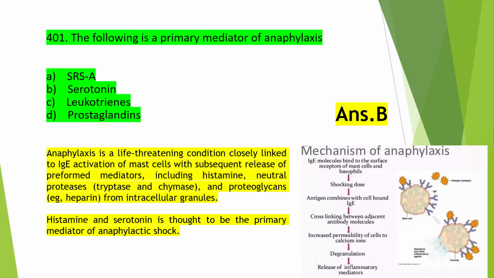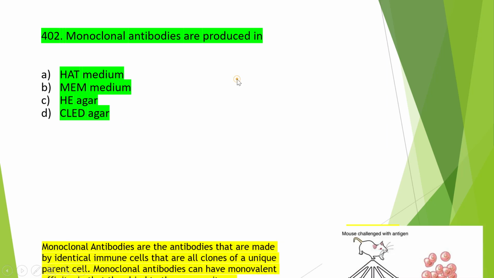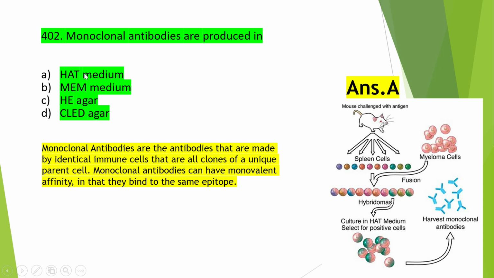Moving on to the next question: monoclonal antibodies are produced in HAT medium, MEM medium, HE agar or CLED agar, and the right answer is option A, that is HAT medium. So what are monoclonal antibodies?